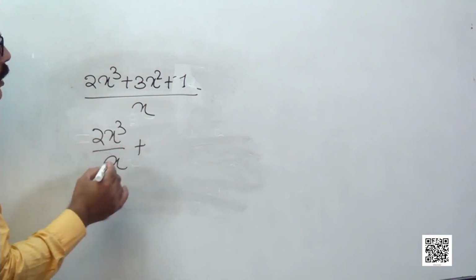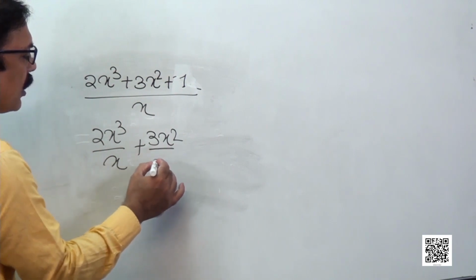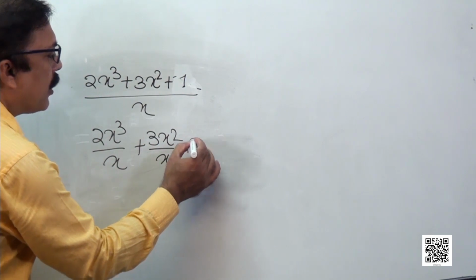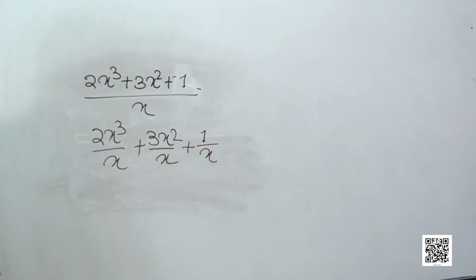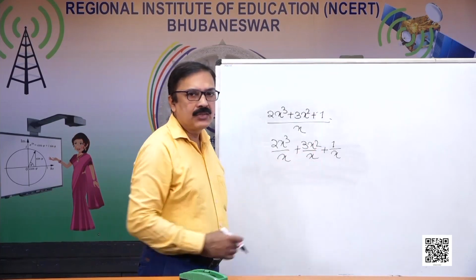It is clearly seen. 3x square can also be divided by x, but is 1 divisible by x? No, it is not. So we cannot write in this way.